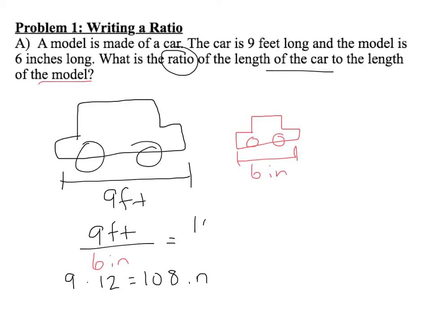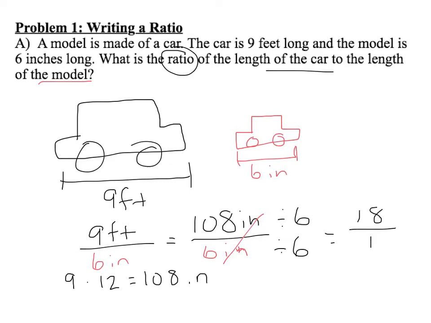So now we have 108 inches for the length of the car to 6 inches. So now the labels cancel. We also need to reduce our ratio, and both of these numbers can be divided by 6, so our ratio is 18 to 1, which means that the car is 18 times bigger than the model.